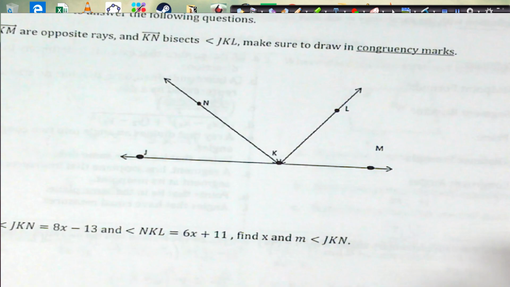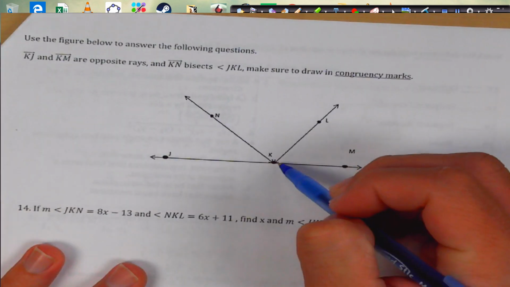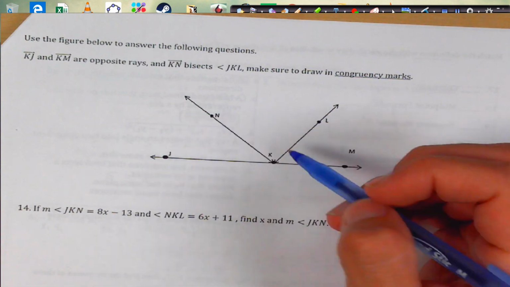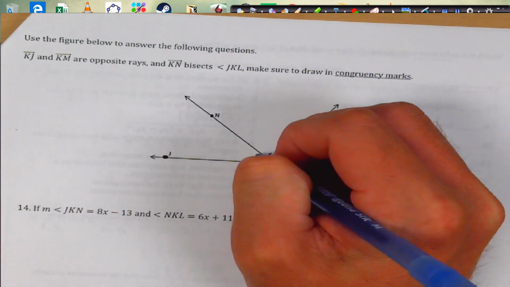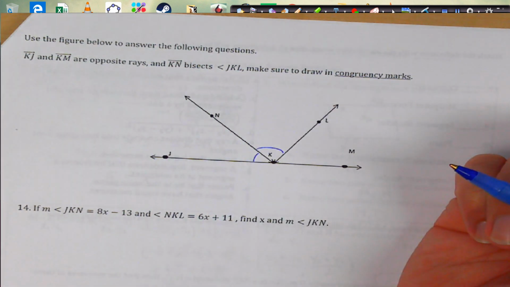Okay, in the figure below, JK and KM are opposite rays. KN bisects JKL, so that means these are congruent. And then we're going to use it to answer the following questions.